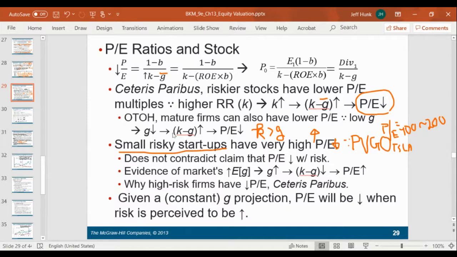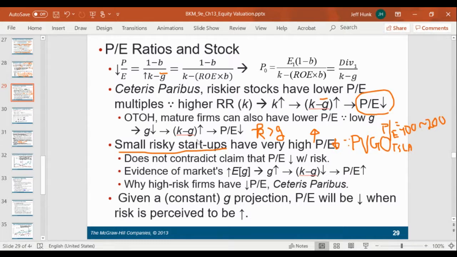Just like the low price earnings ratio for mature firms, right? And so both can happen. And for mature firms, the more down-to-earth explanation is that mature firms pay good earnings.